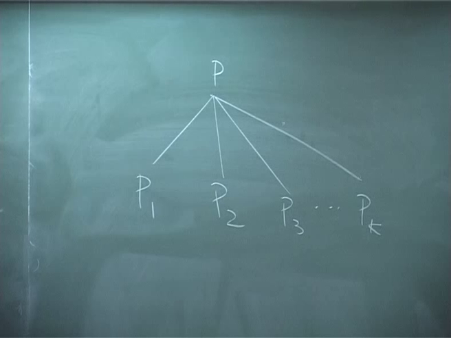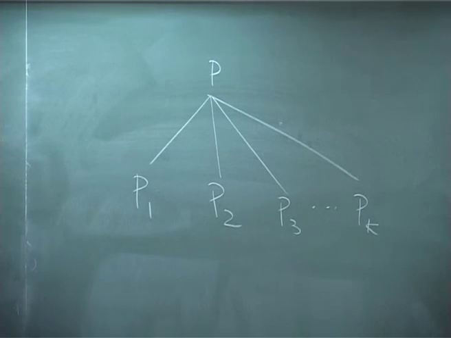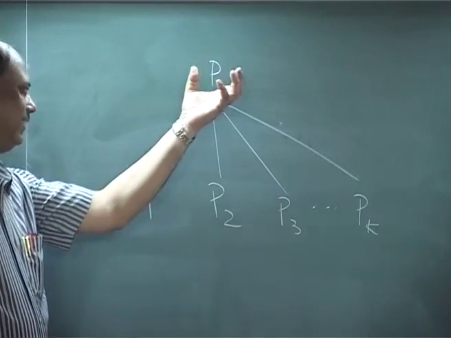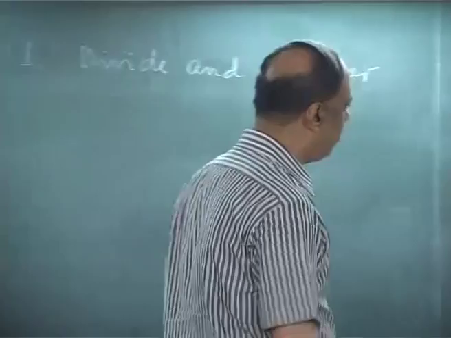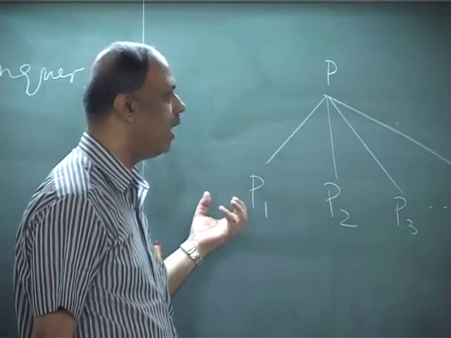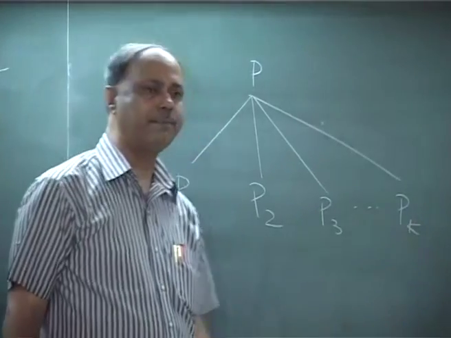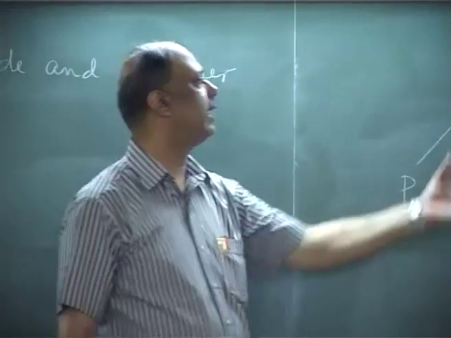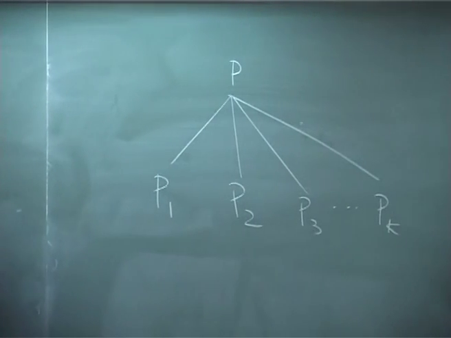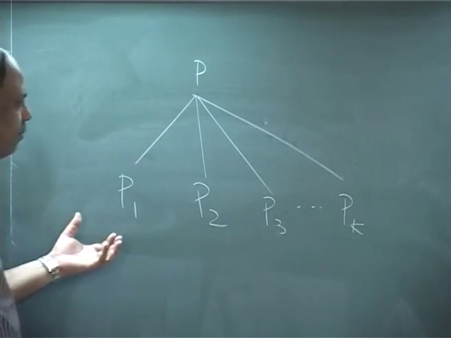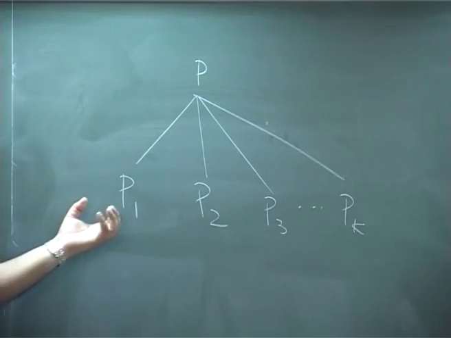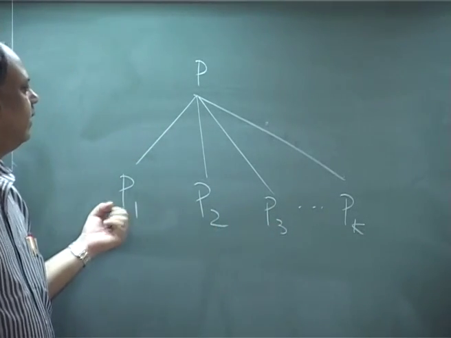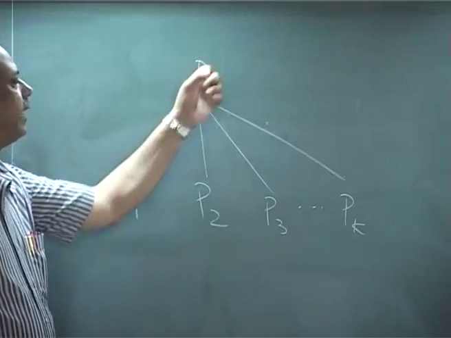There are k sub-problems, and these sub-problems have properties similar to P. Now I solve problem P1, P2, P3, up to Pk, and then I combine the results to get the solution of P. Each sub-problem is smaller in nature with reference to P.